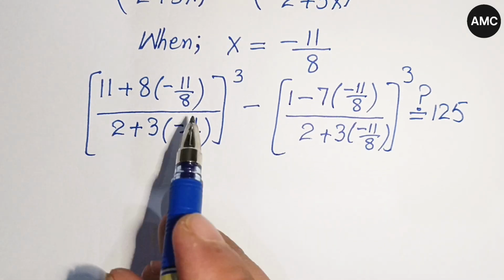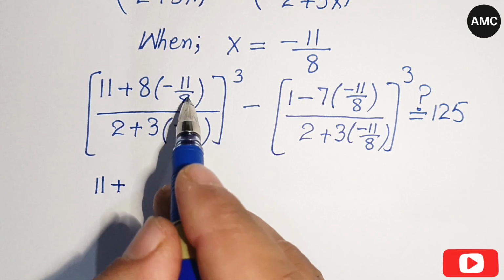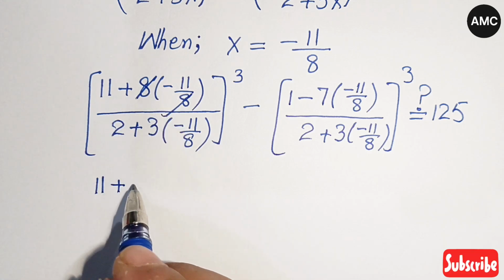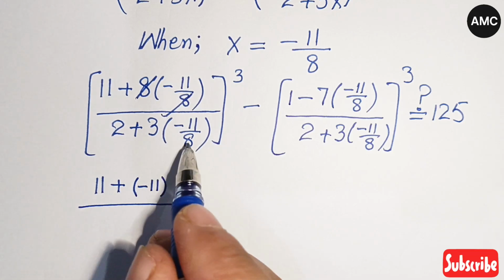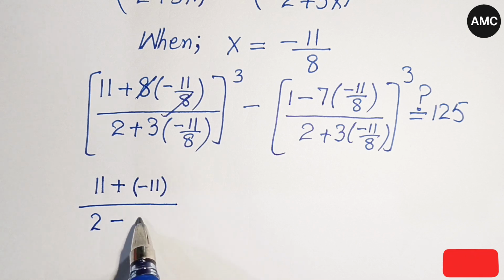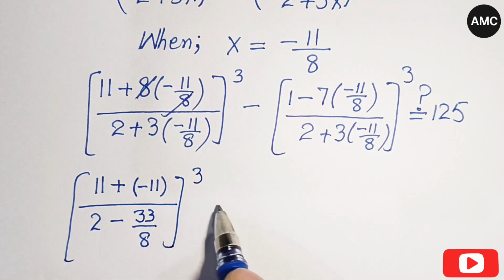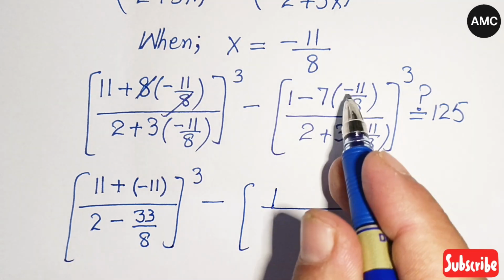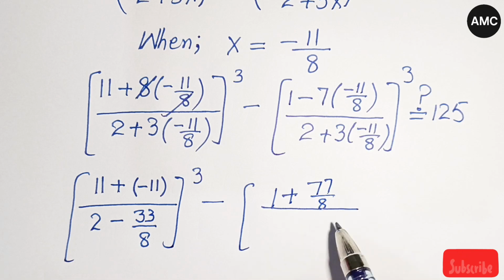Now by simplification, we just write 11 plus this 8 can be cancelled out. We get plus times minus is minus. So here we have minus 11 all over 2 plus minus minus 11 times 3 is 33 all over 8 whole cubed, minus, here minus times minus is plus, 7 times 11 is 77 over 8.